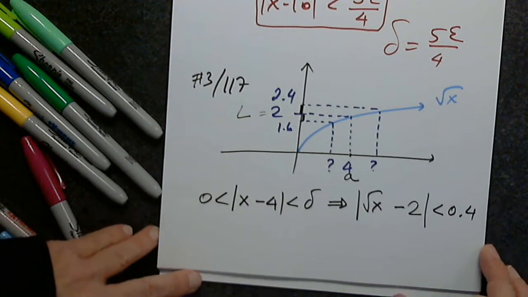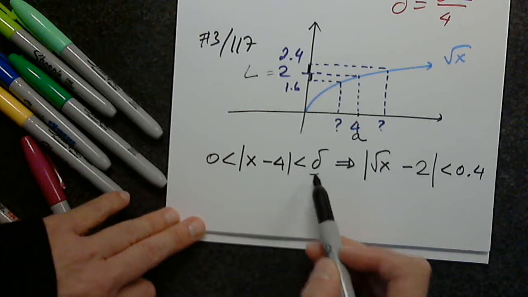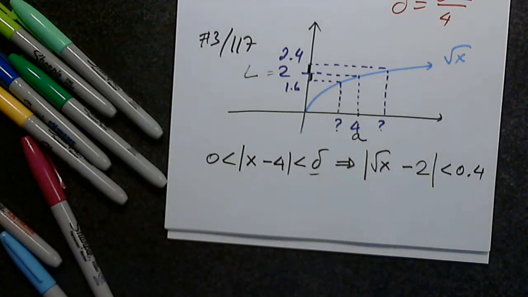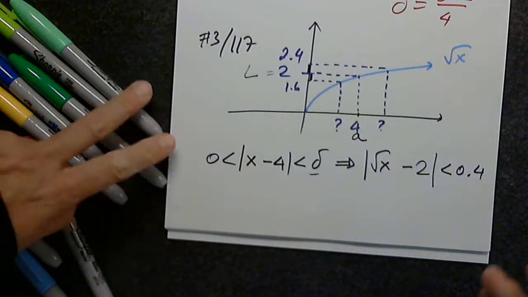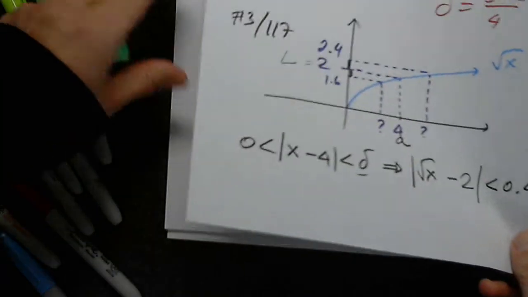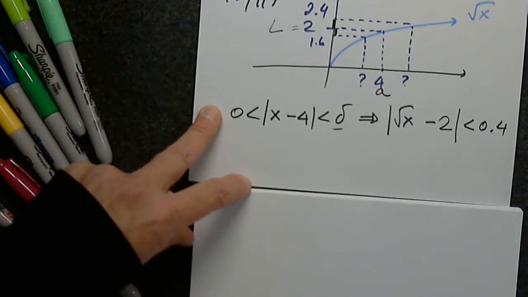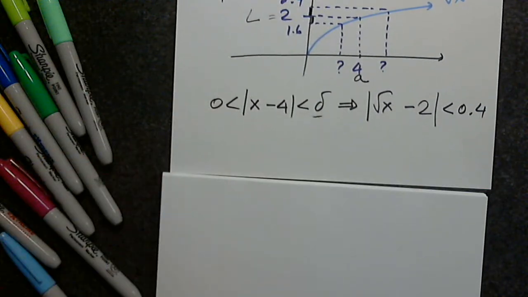Very good. Like before, where do we start? We want to find delta. Where is my starting point? Identical with the previous situation. It's just that that one didn't have epsilon 0.4. It just had epsilon.